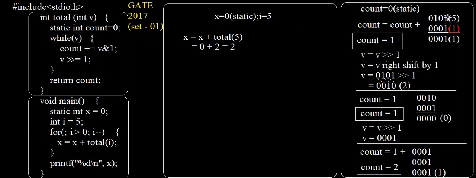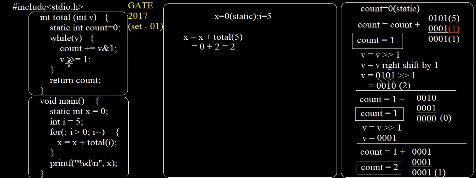We have written it in binary 0 1 0 1, and it is bitwise AND with 1, and 1's binary is 0 0 1. If you do the bitwise AND, it will be 1. So this value is 1, and initially count was 0. 0 plus 1 is 1, so count equals 1. In the first pass it is count equals 1.